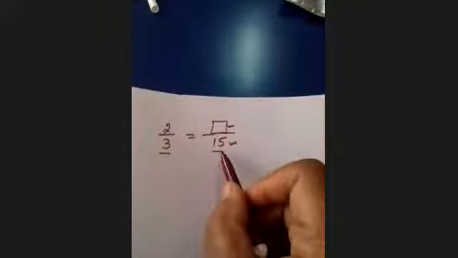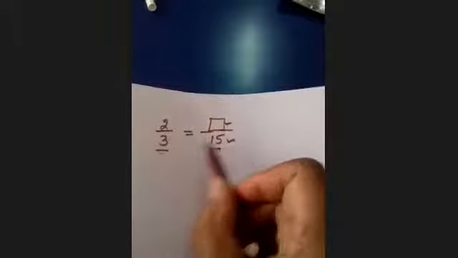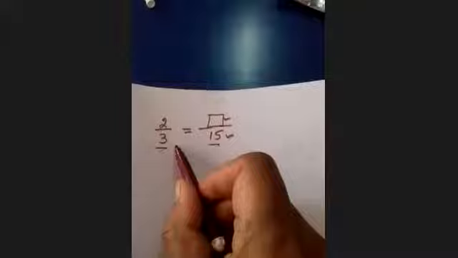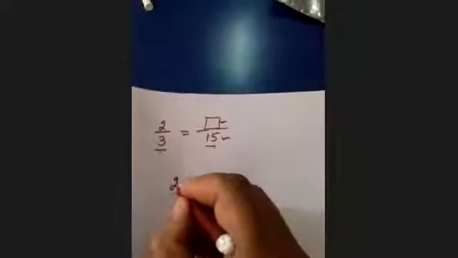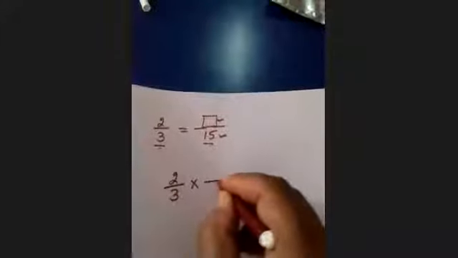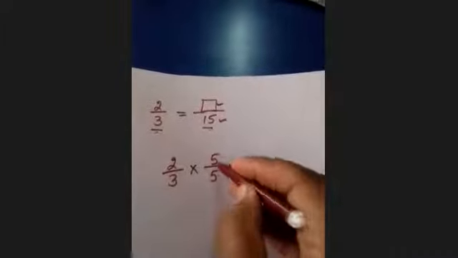By which number do we multiply 3 so that we get 15? 3 5s are 15. So we will multiply by 5. 2 upon 3 multiplied by 5 upon 5. We will multiply the same number, students.